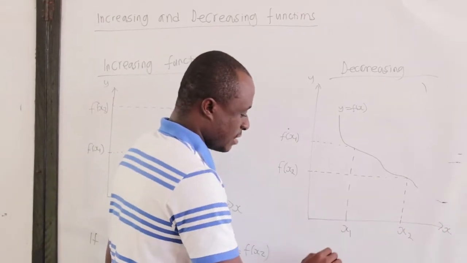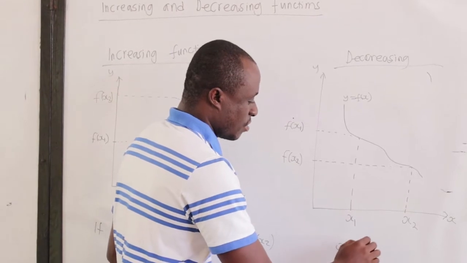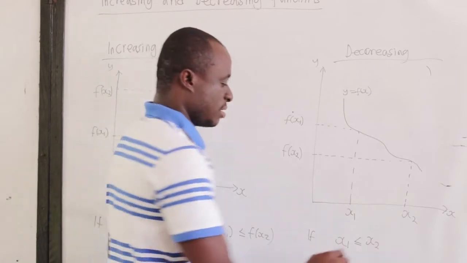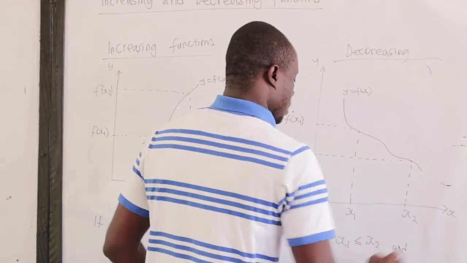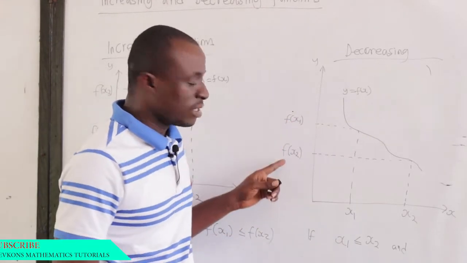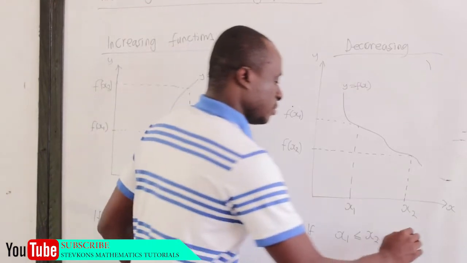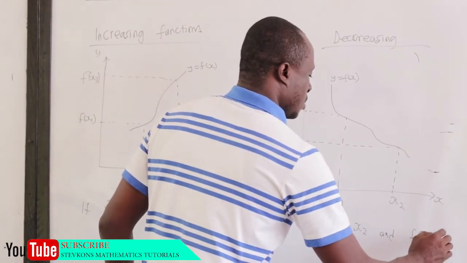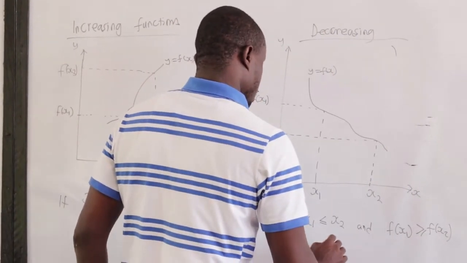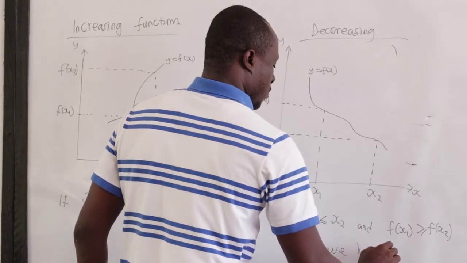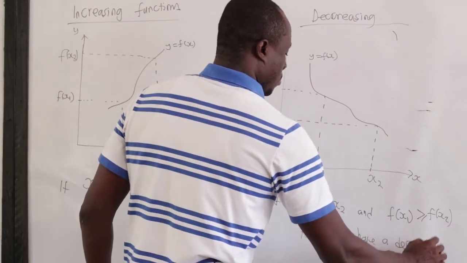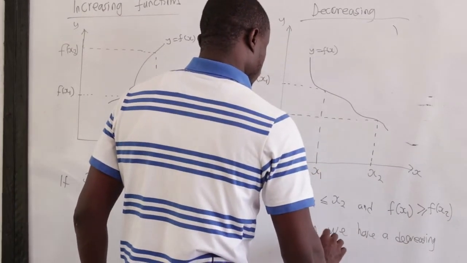Now let's see, clearly we can see that x1 is less or equal to x2. So if x1 is less or equal to x2, now let's see, what is f of x1? f of x1 is greater than what? f of x2. So f of x1 is greater or equal to f of x2. Then we have a decreasing function.